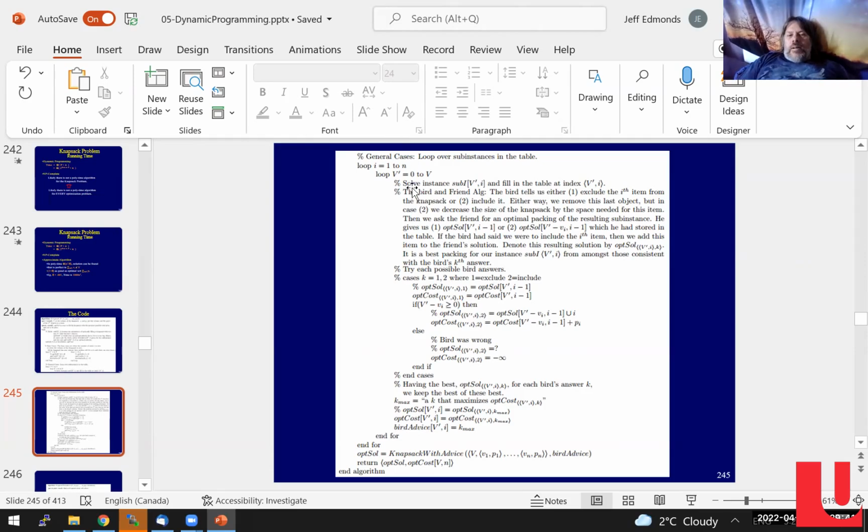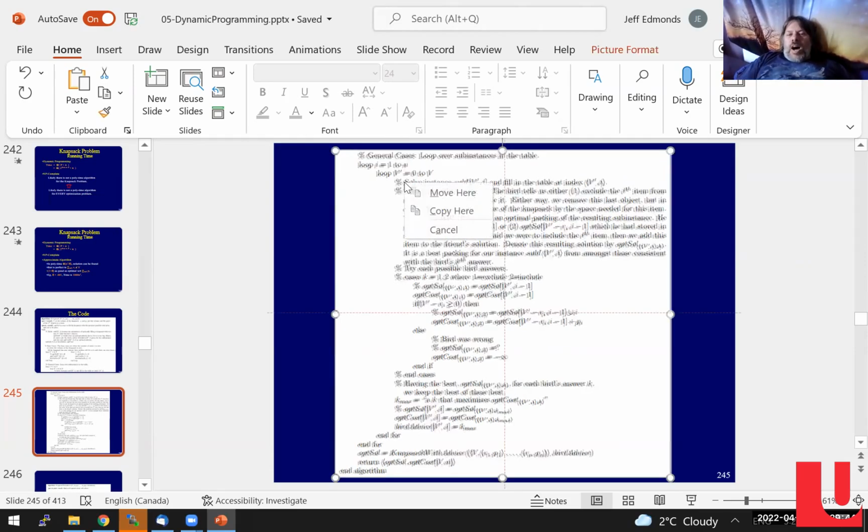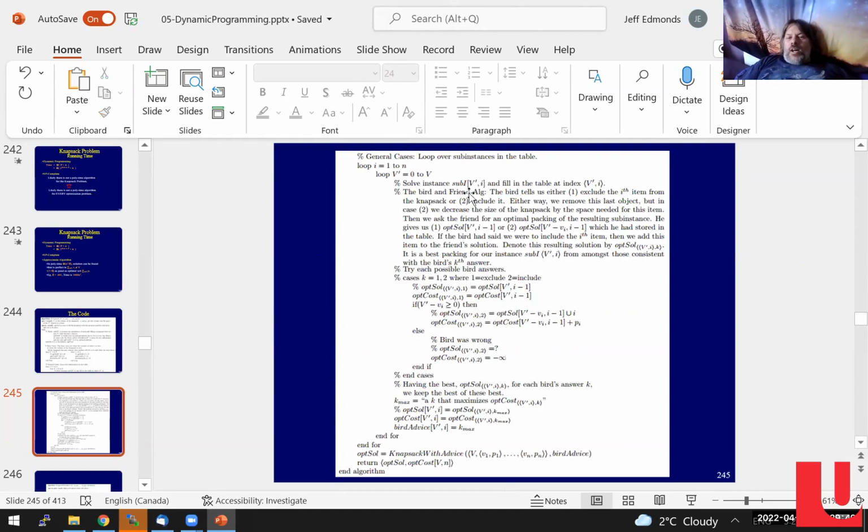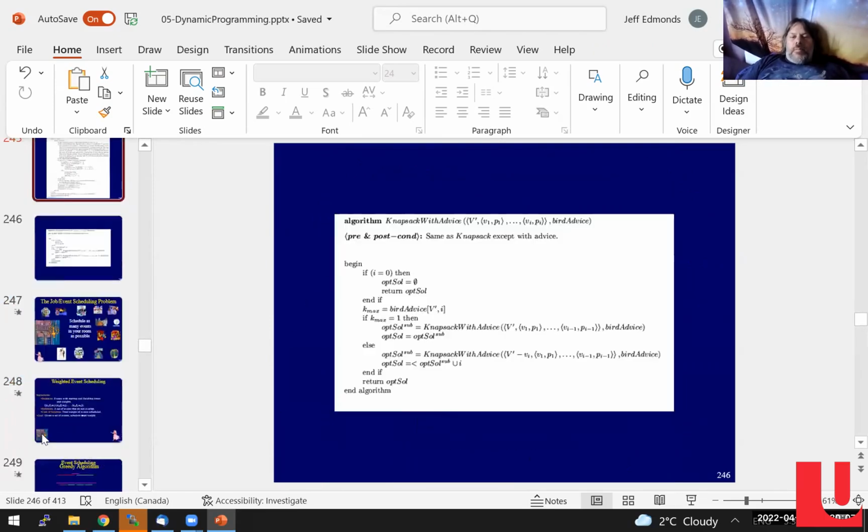Here's a comment: I'm focused on solving this particular subinstance, which is how to fill in the table indexed by this. I have to know which of the first i objects to put in my knapsack besides V prime. So now how do I solve that problem?